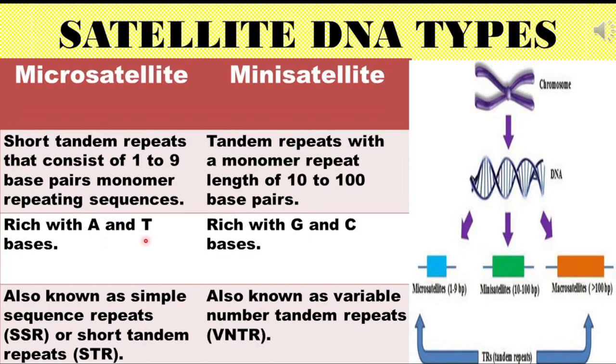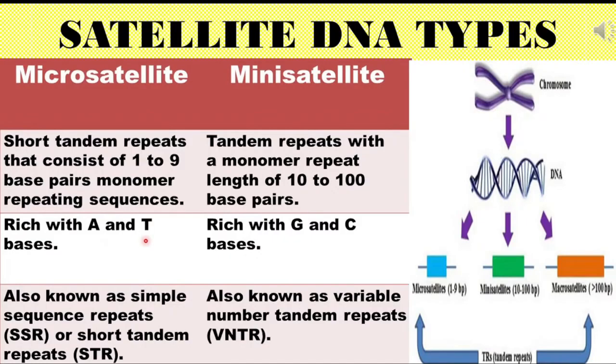Minisatellites are tandem repeats with a monomer repeat length of 10 to 100 base pairs. Microsatellites are rich in adenine and thymine bases, and minisatellites are rich in guanine and cytosine bases.